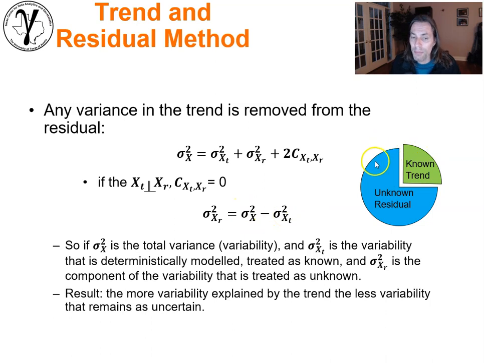In other words, we can represent the total variability as this pie chart with 2 components. Variability assigned to a known trend, deterministic model. Variability assigned to the unknown residual, that's a statistical model. So this is a really powerful concept that as we build a trend model, we're balancing between known and unknown components. We're directly impacting the overall uncertainty of our model. And so we got to make sure that we understand that.